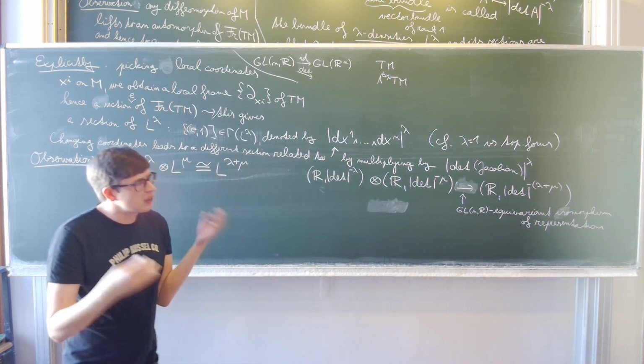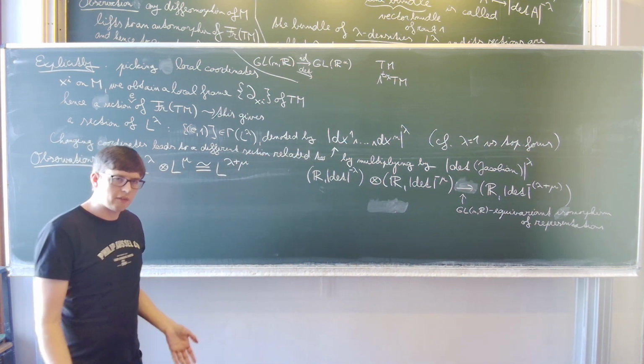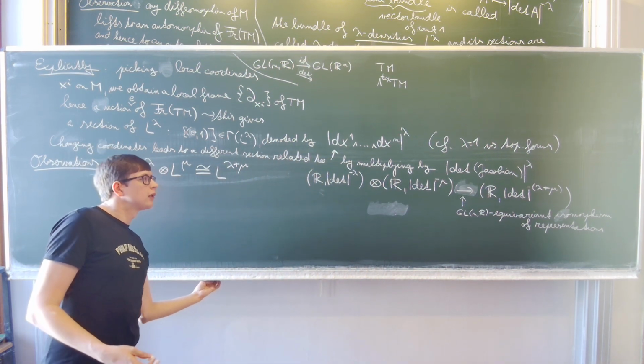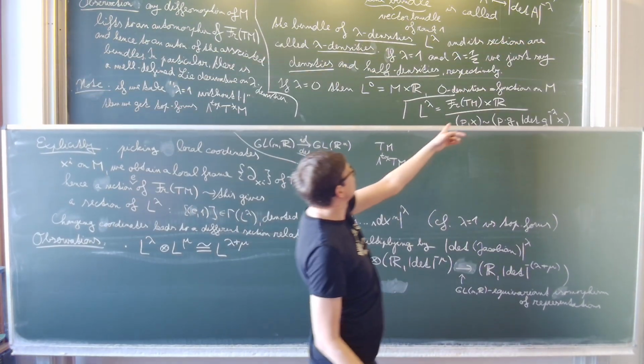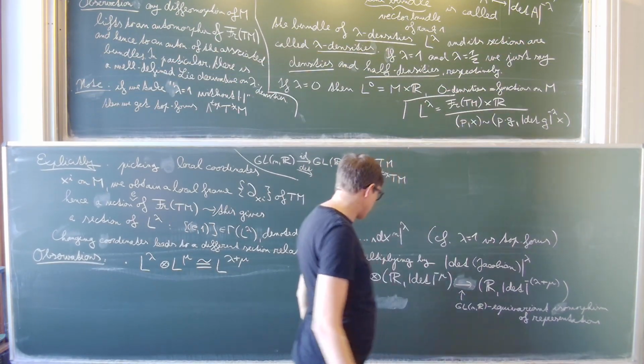The moral is that each time I have an equivariant map on representations, I have a corresponding map on the bundles. Because the bundles are, after all, constructed by simply multiplying by representations.